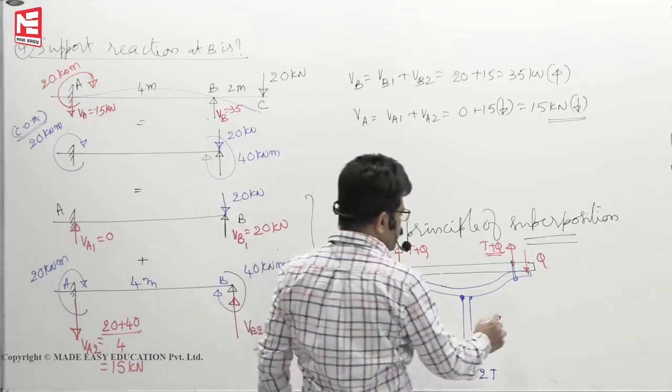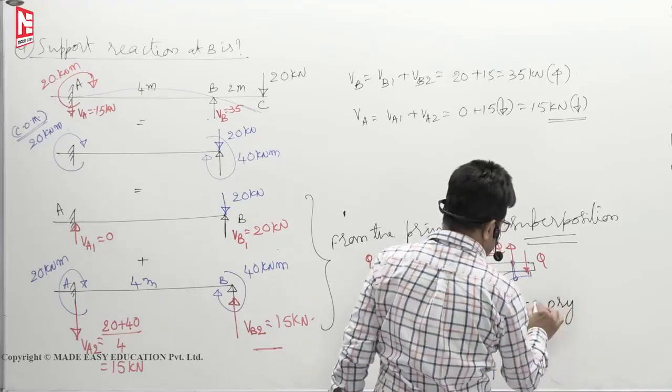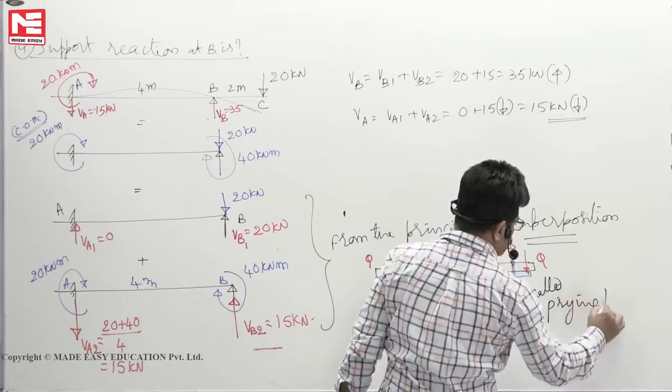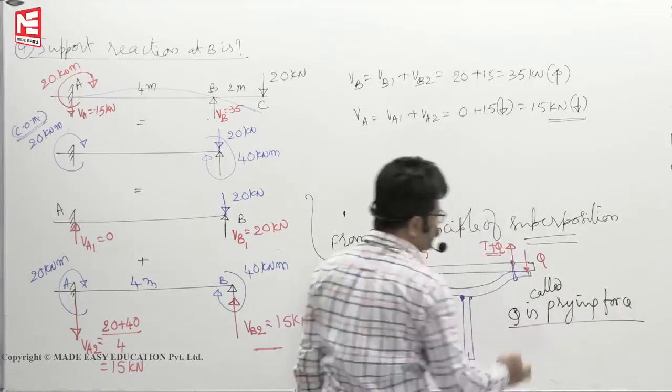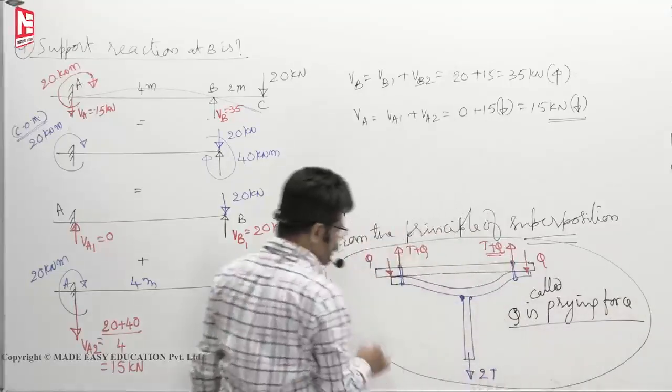In this case, Q is called the prying force. This we will discuss in the steel structures part.